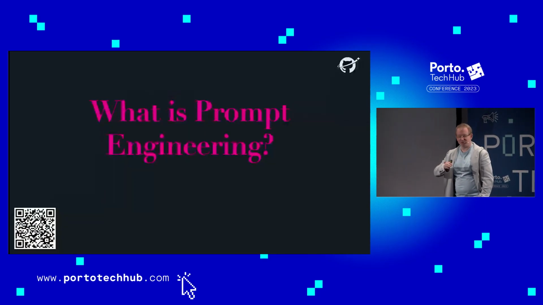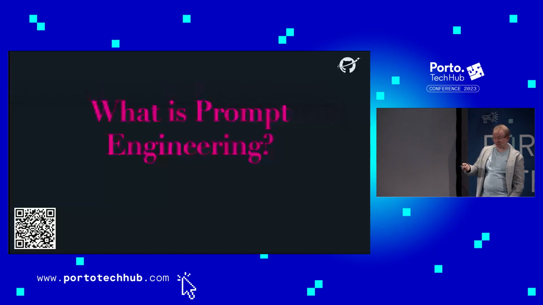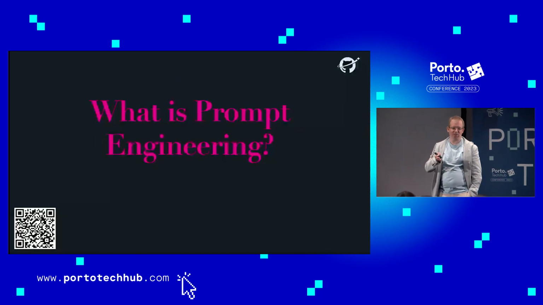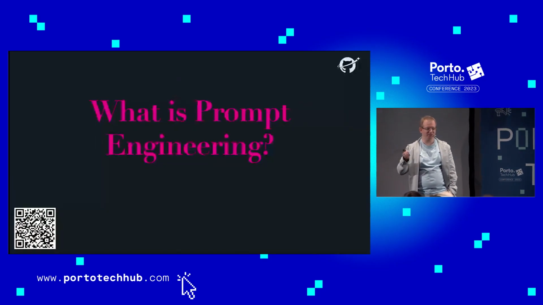Fine-tuning is possible, which is just taking an existing model and training it with a bit of additional data. But it's also a long, possibly error-prone and expensive process. So prompt engineering is a way to steer the model's behavior just using the input data. So just using the prompt, the string that we can send to the model.